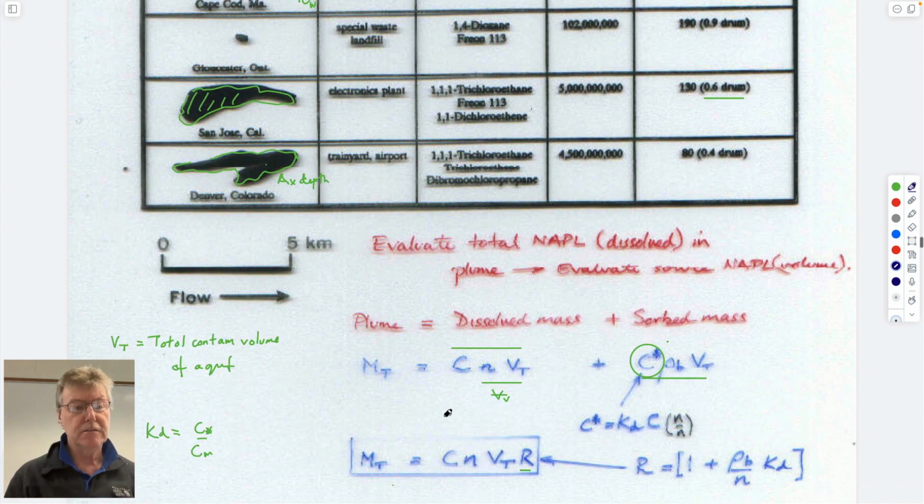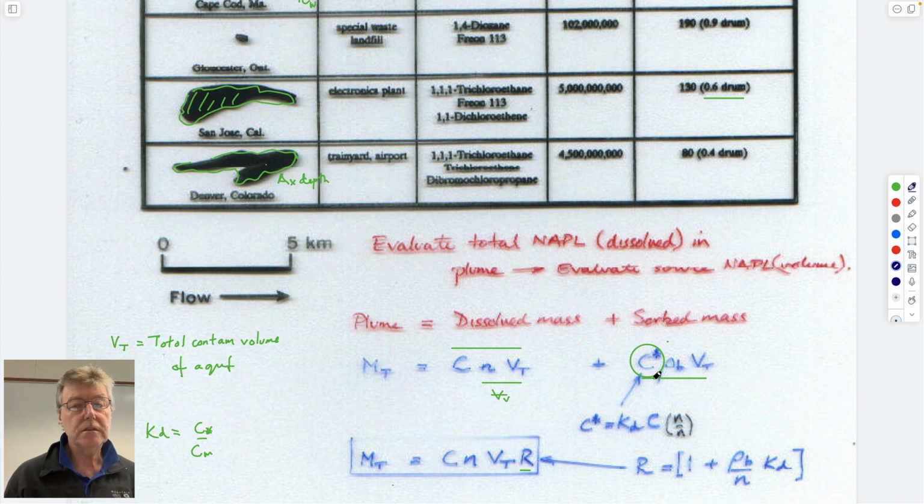The idea is that the total mass is going to be the stuff that's dissolved in water, which would be this. This is the total volume, porosity times the total volume of the plume, inside the aquifer is the volume of water, and the concentration would give you the mass that's in the water. But if that water is in equilibrium with the solid which it surrounds, then there's also going to be stuff sorbed onto the solid grains.